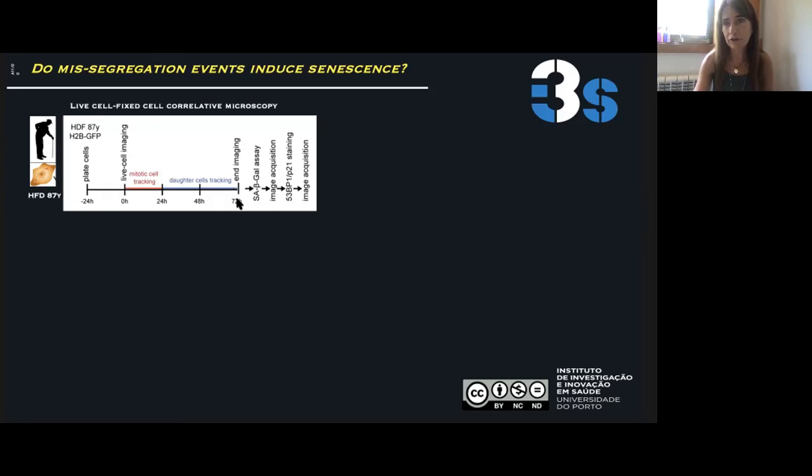We end the imaging and do the immunostaining procedure for senescent markers. We acquire these cells and see which ones are senescent or not. Then, using the coordinates of these cells, we can go back into the live cell imaging analysis and see which mother cell generated the daughter cells that we are examining.